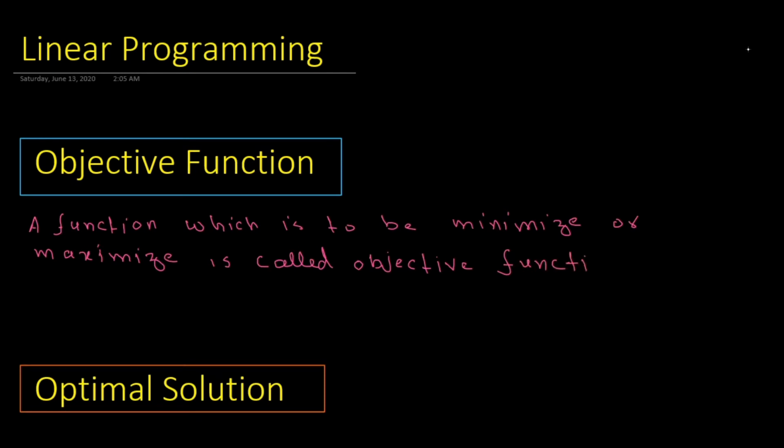Any mathematical function, as we already know from the definition, is a machine which gives an output value for each input value. So any function which can be maximized or minimized will be an objective function.